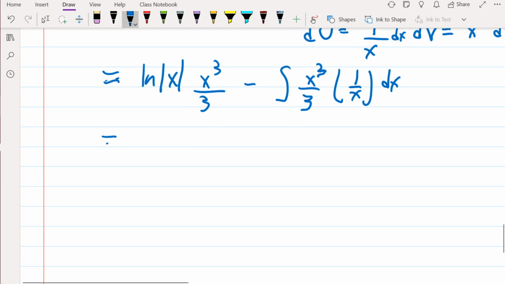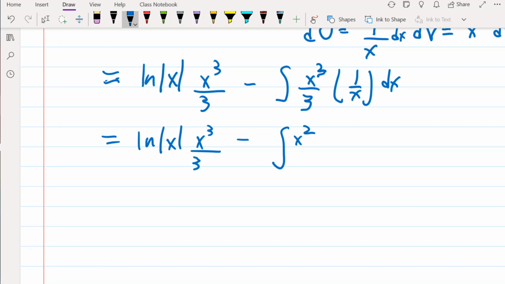So we're going to get ln of x times x to the third power over 3 minus, because we have an x cubed there and an x on the bottom, we're going to have x to the second. We'll bring this 3 on out, so it'll be 1 over 3 times the integral of x squared dx.